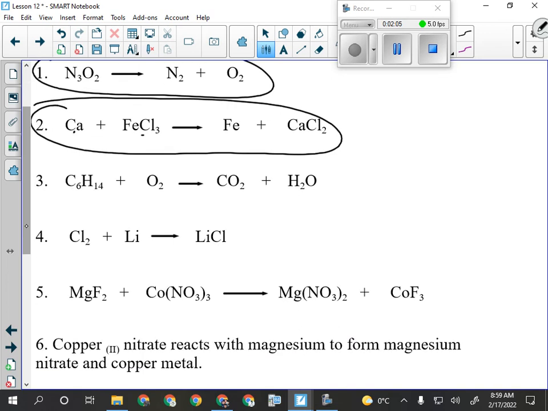If I'm looking at a reaction where I've got some compound that is carbon and hydrogen, and it's reacting with oxygen, it's a combustion reaction. The products of a combustion reaction are always the same. They're always CO2 and water.